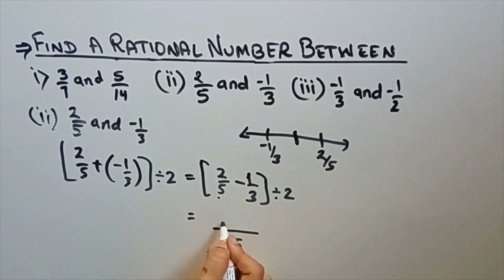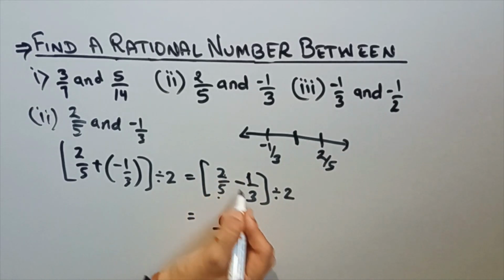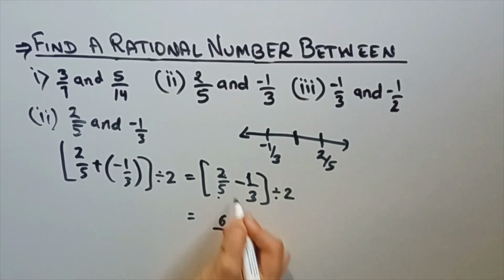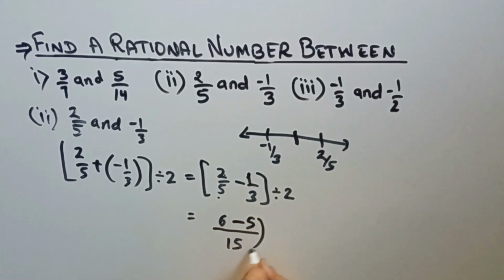Always multiply a into c first: 3 twos are 6, minus 5 ones are 5. This divided by 2. Now 6 minus 5 is 1 by 15, and this is divided by 2.